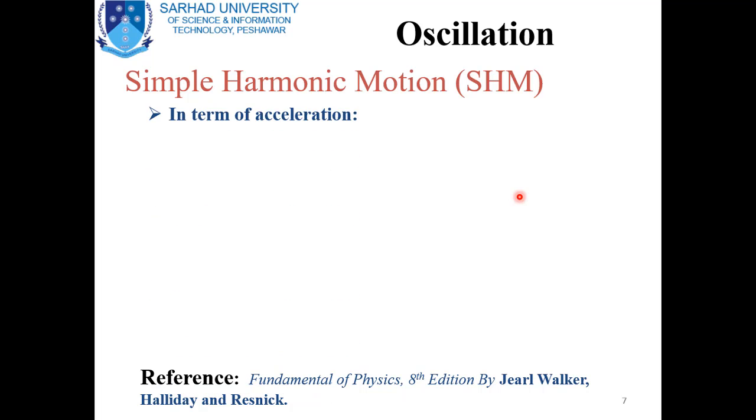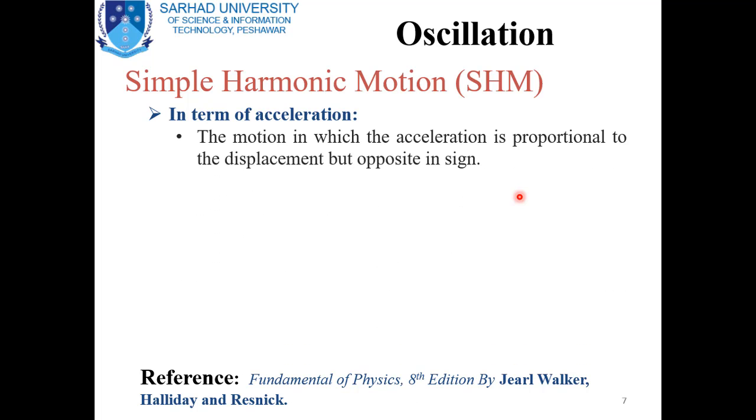In terms of acceleration, it can be defined as: the acceleration is directly proportional to the displacement but opposite in sign, or simply the motion in which the acceleration is proportional to the displacement but opposite in sign. These two parameters, the acceleration and the displacement, are related by a constant.